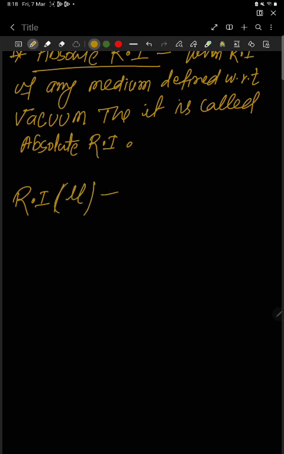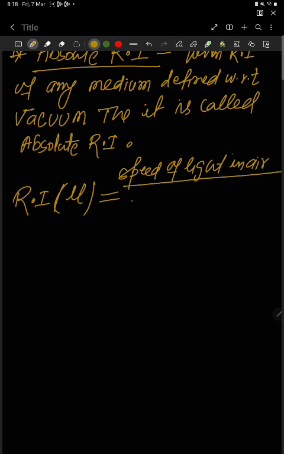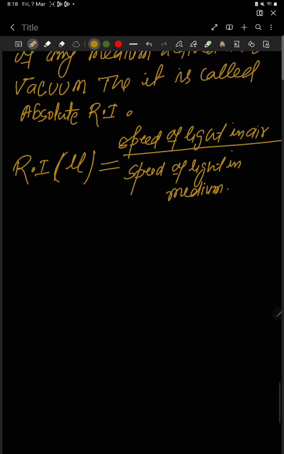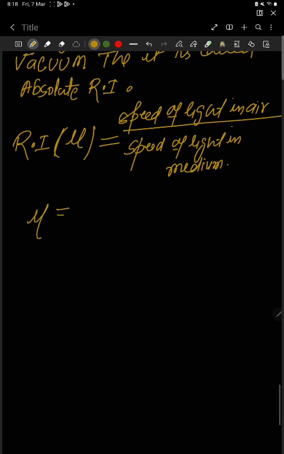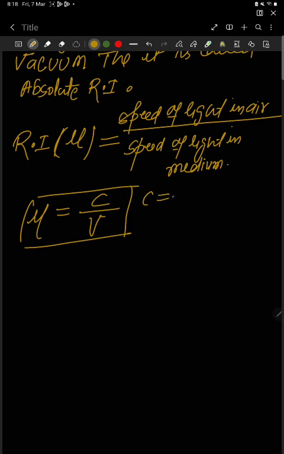Refractive index mu is equal to speed of light in air divided by speed of light in medium, जिस मीडियम से मेरा लाइट रे पास हो रहा है। ओके, सो म्यू इज इक्वल टू सी बाई वी, वेयर सी इज व्हाट, स्पीड ऑफ लाइट इन एयर। वी नो दैट स्पीड ऑफ लाइट इन एयर इज हाउ मच, 3 into 10 to the power 8 meter per second.